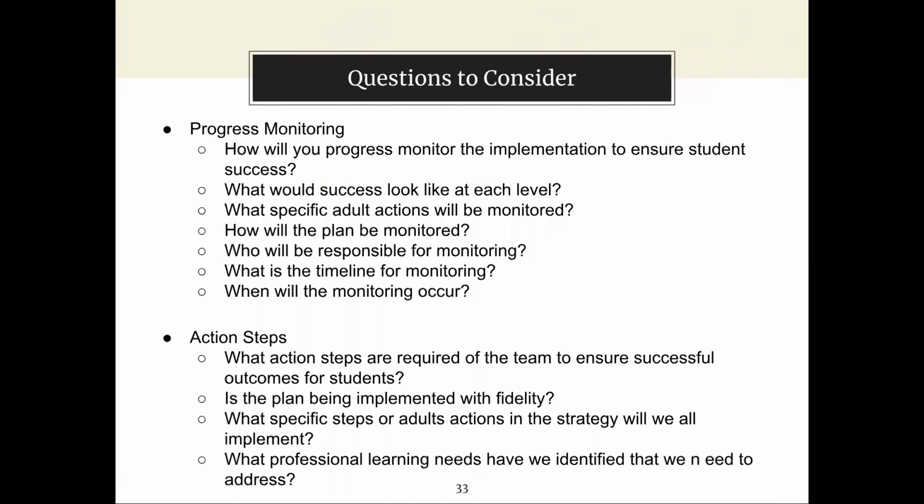What is the timeline for monitoring, and when will the monitoring occur? For action steps, you might want to consider what action steps are required of the team to ensure successful outcomes for students. Is the plan being implemented with fidelity? What specific steps or adult actions in the strategy will we all implement? And what professional learning needs have we identified that we need to address?